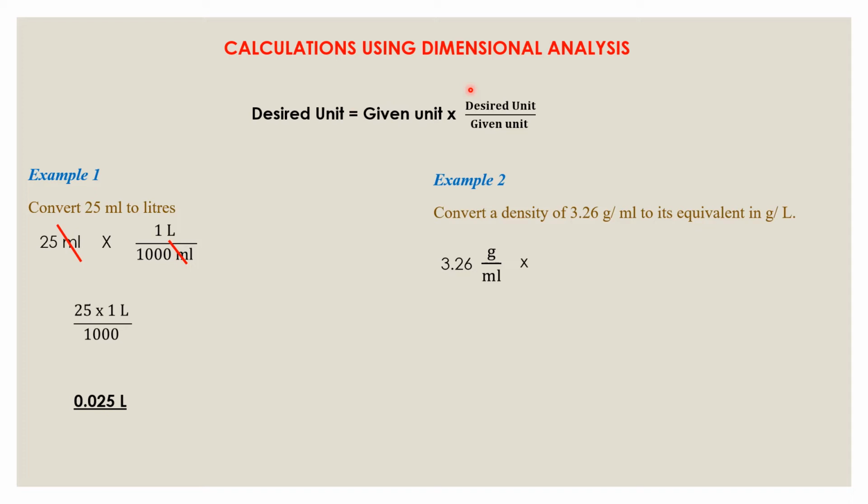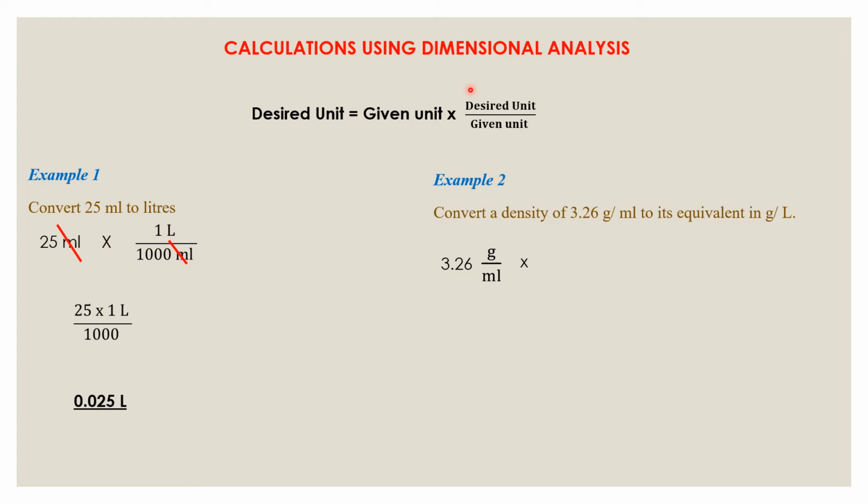So we have to decide what we want to cancel and what we want to obtain. We want to get rid of the milliliter, and in place of that we need to put liters. So since the milliliter is the denominator here, we need to multiply by our conversion factor where the milliliter is the numerator. Once again, between milliliter and liter, the conversion is 1 liter to 1000 milliliters.